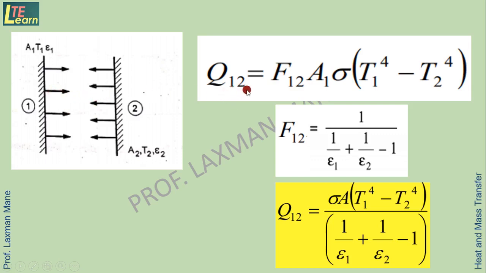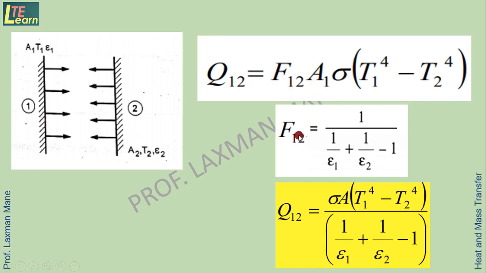So Q12 is equal to shape factor F12 into this equation. Already we have seen this, but here shape factor comes into the picture. Now the shape factor for these gray surfaces is like this.